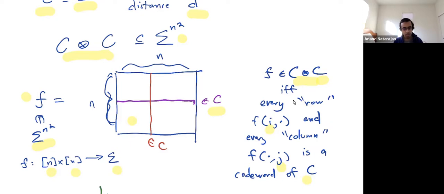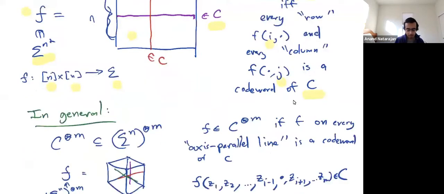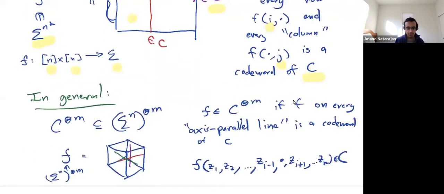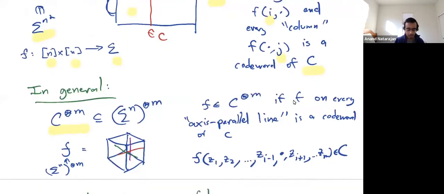You can extend this to allowing for tensor products over more factors. In general, the object we'll work with is, for some base code C, the C tensor power m. This will be a code that lives in the vector space sigma to the n tensor power m, and elements of this code will be representable by n-dimensional arrays. So that's what this f is here. We can alternately think of it as a function from m coordinates ranging over n to sigma.